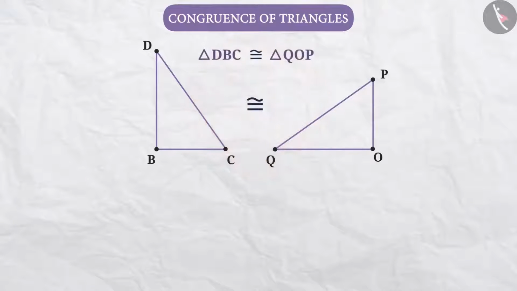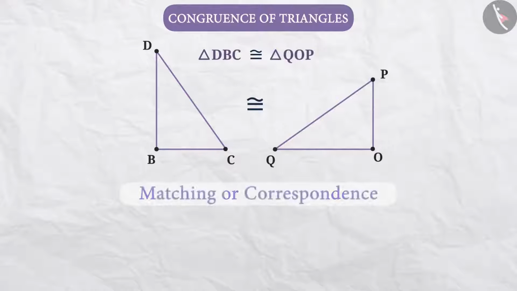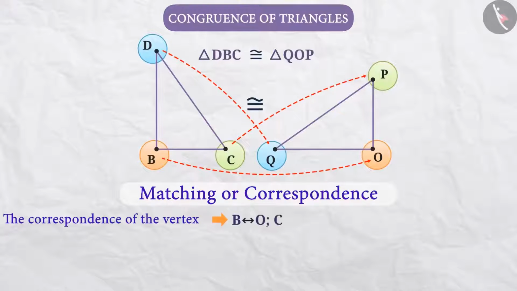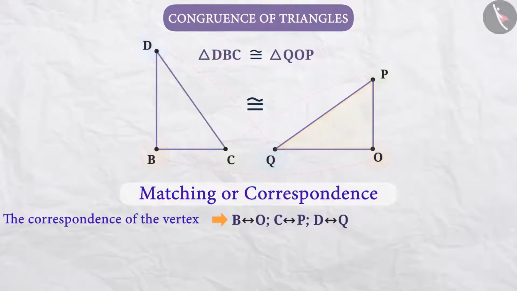In this way, in the context of congruency, we need to take care of matching or correspondence of the parts of the triangle. For example, here the correspondence of the vertex is as follows: B corresponds to O, C corresponds to P, D corresponds to Q. These are the vertices that cover each other completely.